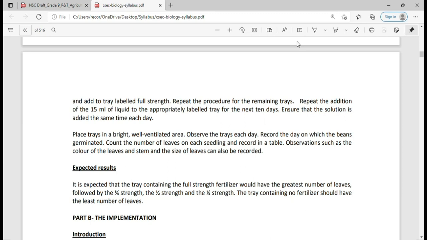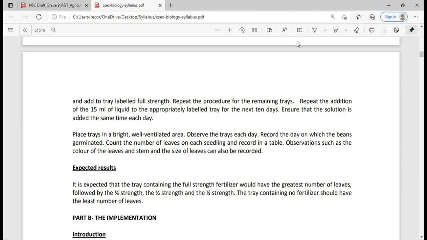Expected result. What is it that we're expecting from all this setup? It is expected that the tray containing full strength fertilizer would have the greatest number of leaves, followed by the 3/4 strength, then the half strength, then the quarter strength. The tray containing no fertilizer should have the least number of leaves.